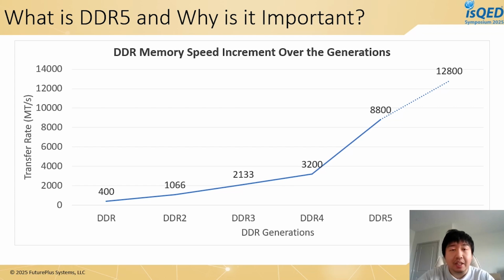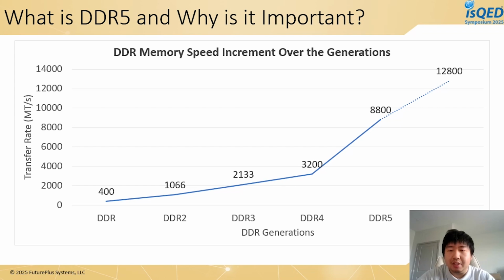So as you can see on this chart here, DDR5, currently targeted at 8800 megatransfers per second, is quite a lot faster than DDR4. So you can imagine lots of techniques we had for measuring the DDR4 bus probably will not work due to new hardware limitations brought on by DDR5.